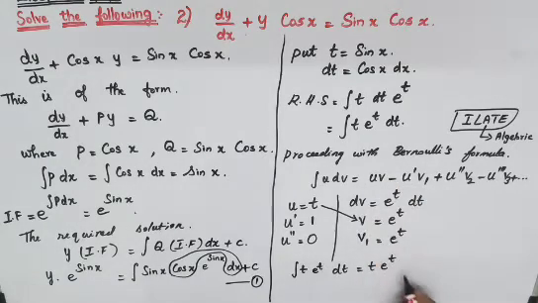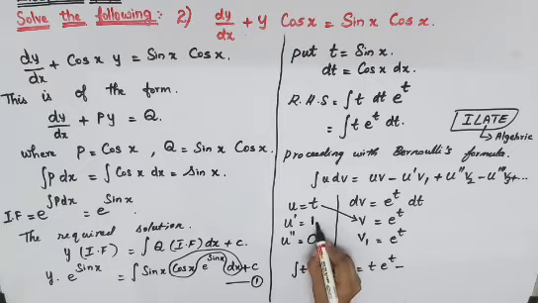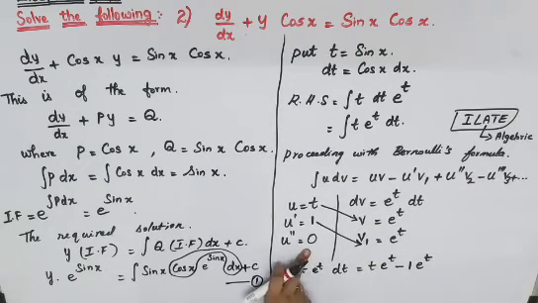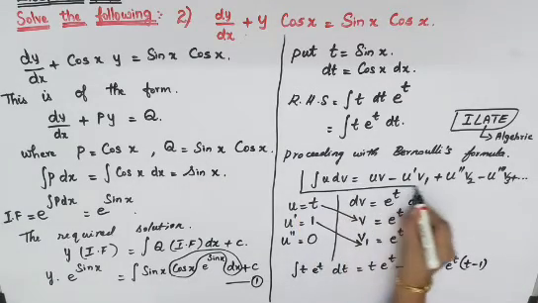Then put minus u dash v1, where u dash is 1 and v1 is e power t. The next part will become 0, so we'll stop with this itself. So t into e power t minus e power t. I'll take e power t common, so I have e power t into t minus 1. So this is your Bernoulli's formula.